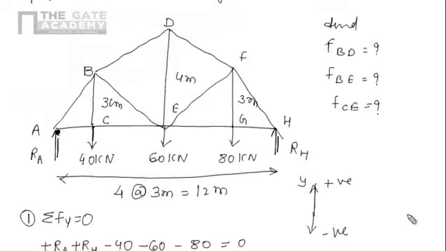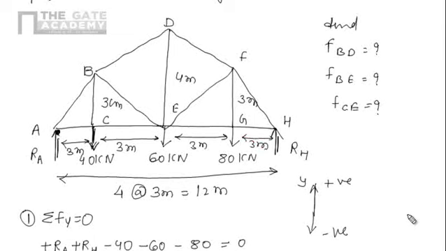Similarly, we are saying this distance is 4 at the rate of 3 meter. So all these distances are 3 meter: 3 meter, 3 meter, 3 meter, and 3 meter.